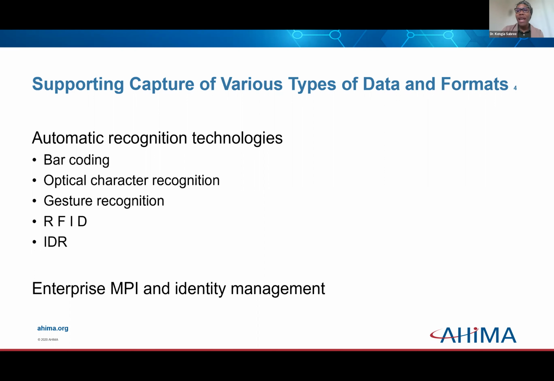Technologies that identify actual items include radio frequency identification, RFID, and intelligent document recognition, IDR technologies. These technologies do not require a character or symbol for recognition. They can track an item using an embedded chip or recognize form types by remembering patterns in the form.